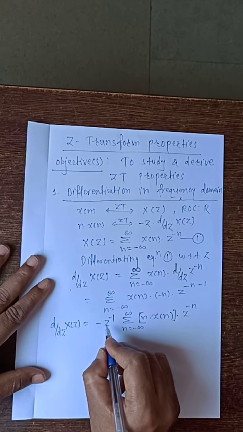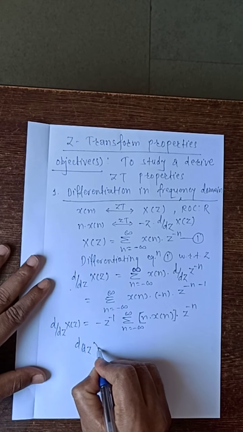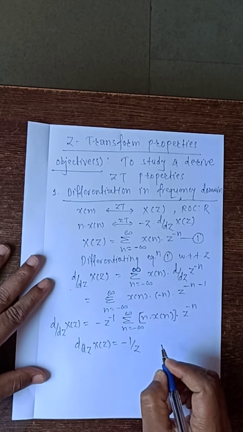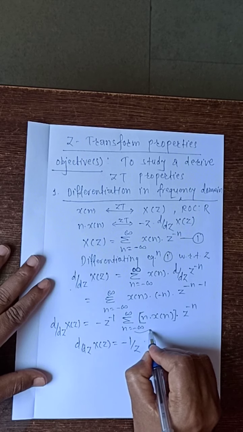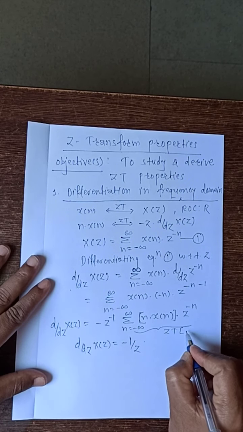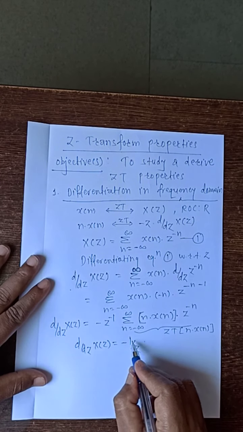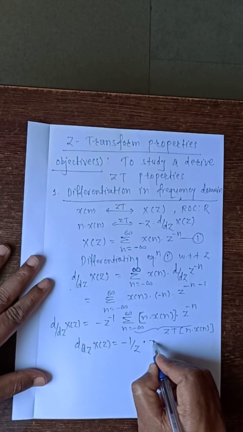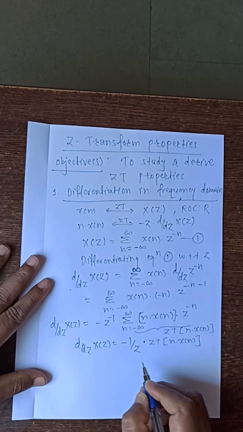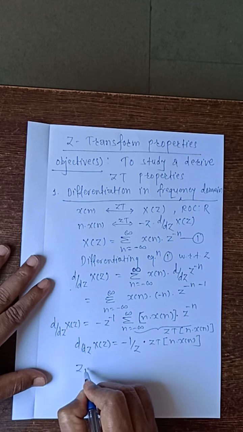So what is going to happen? One more step I will write, that is d by dz of X(z). This will be written as minus 1 by z into what is this? This is nothing but the Z transform of n into x[n]. So minus 1 by z into Z transform of n into x[n]. So minus sign and this z is moved to this side. What is remaining?